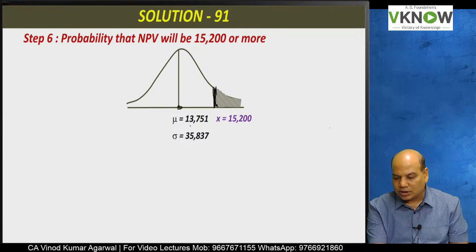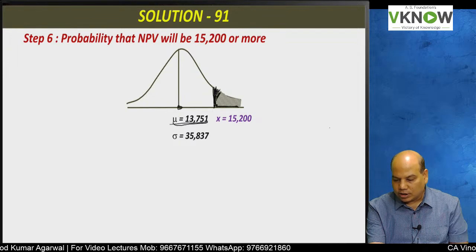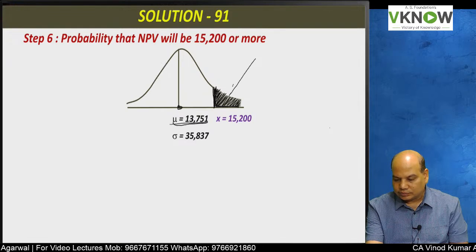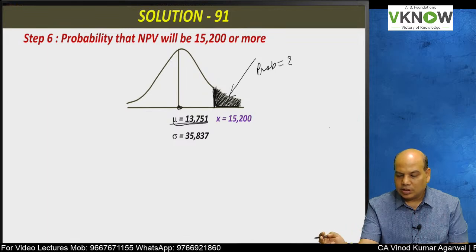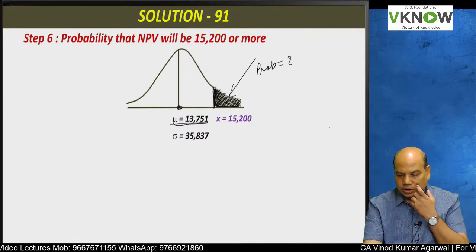Mean is in the center, 13751. So 15,200 will fall on the right side. We want the probability of this area, more than 15,200.